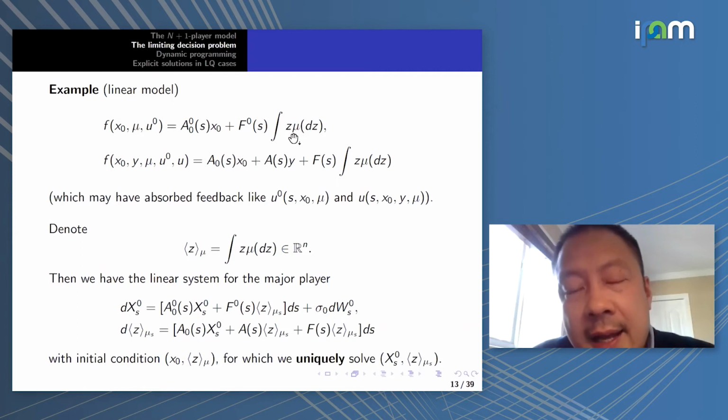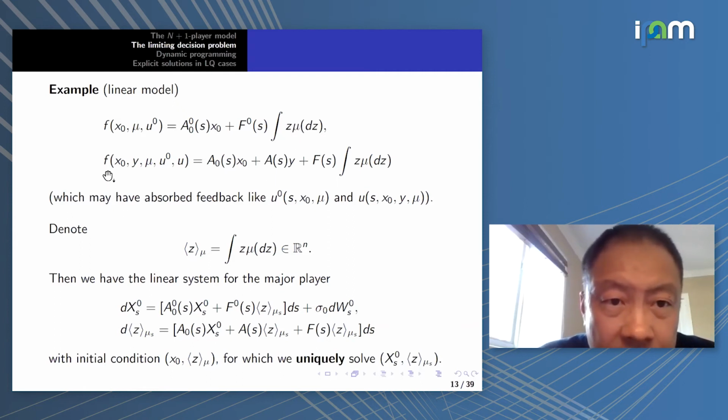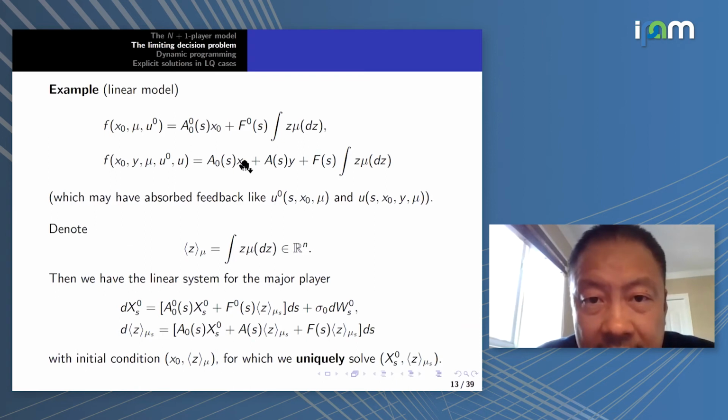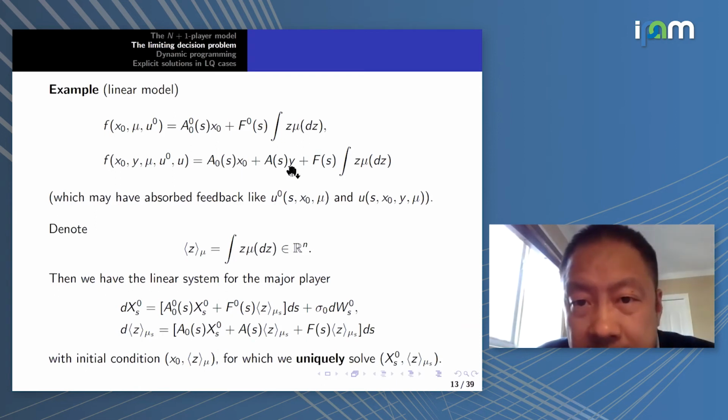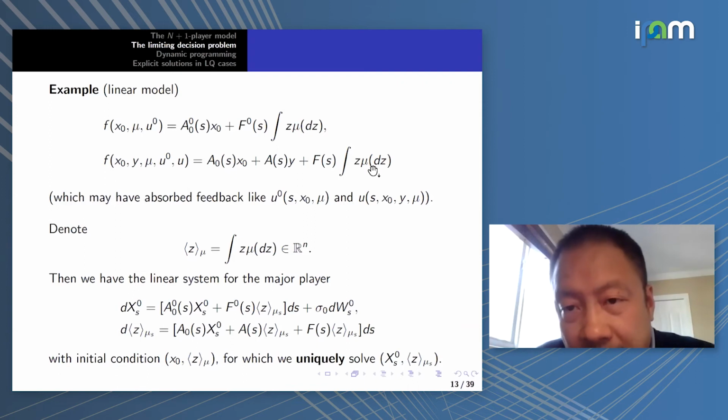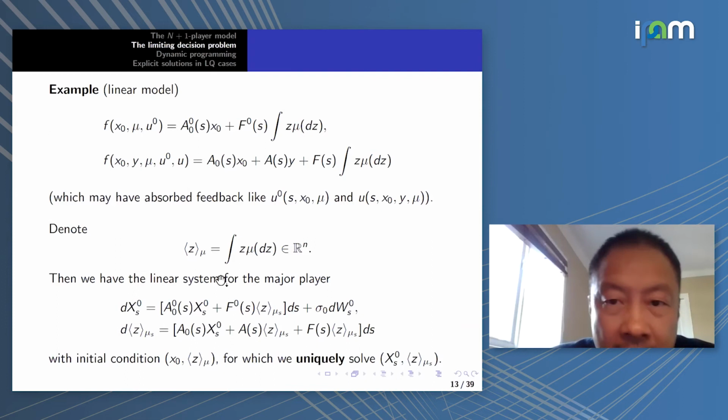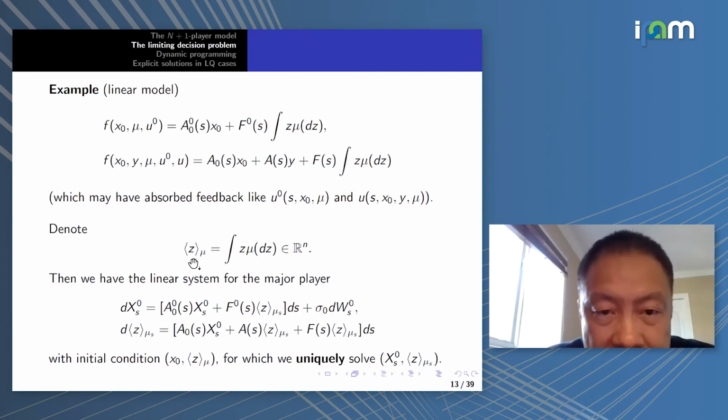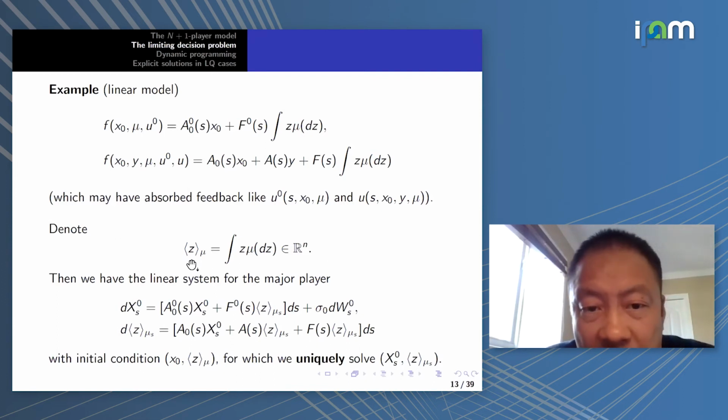It's the first moment of mu. Here, z is a vector. And for the minor player, we have the state of the major player and its own state, then the average from the mean field mu. We also introduce the short notation, giving the variable z as a vector we can integrate with respect to mu.